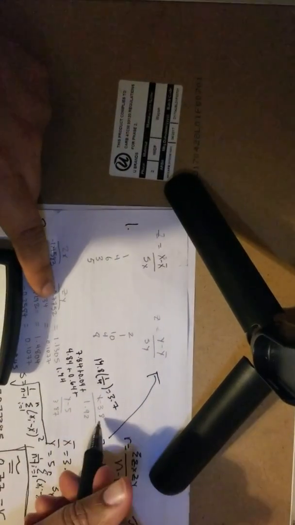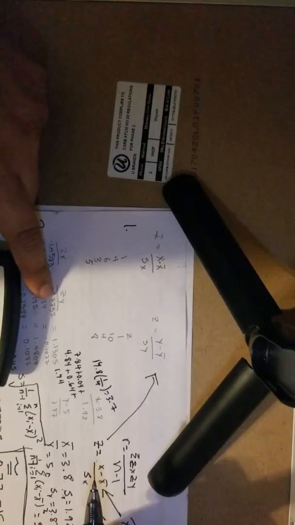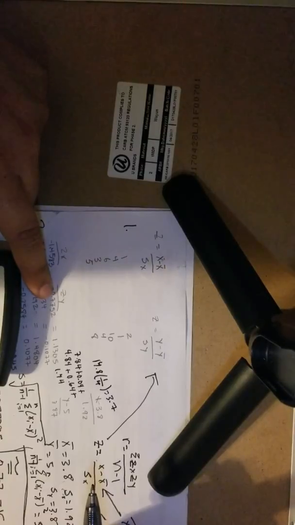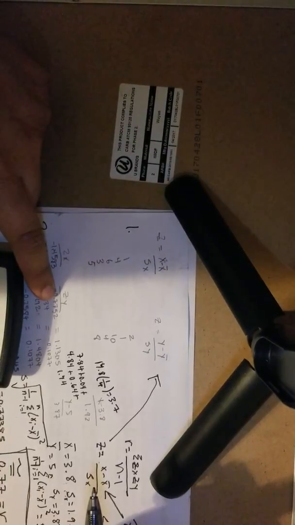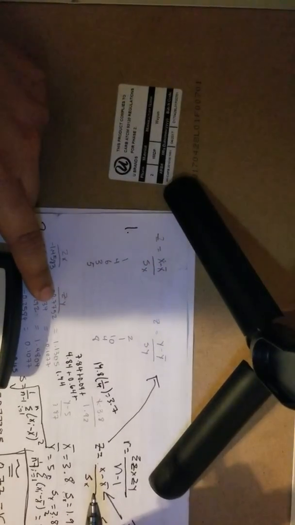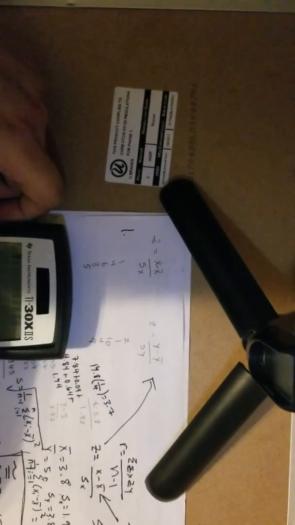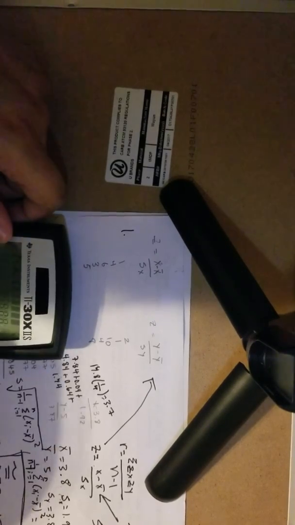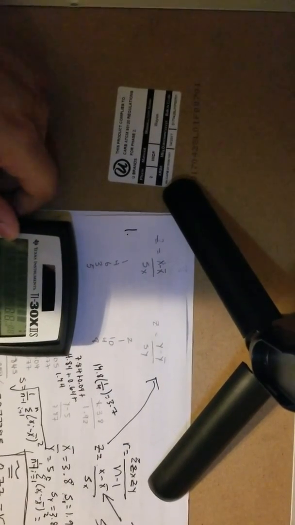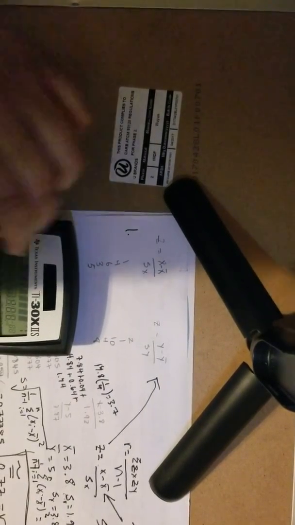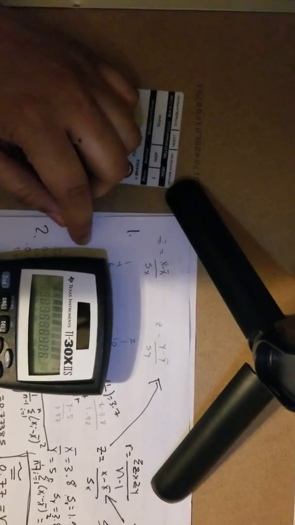So this is the sample variance, and then we just need to calculate the sample standard deviation, and it's the same thing, 1.92.